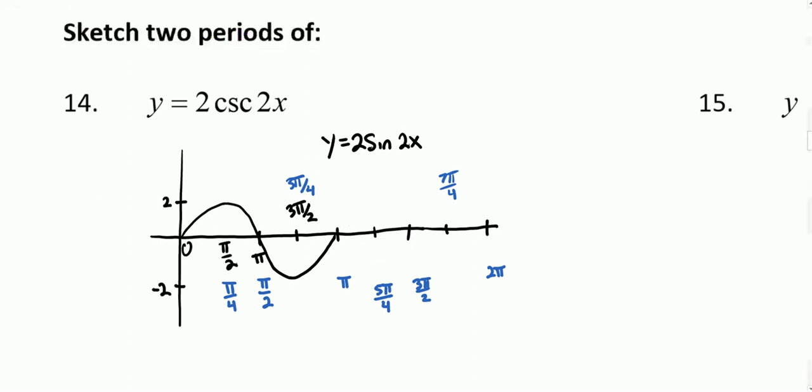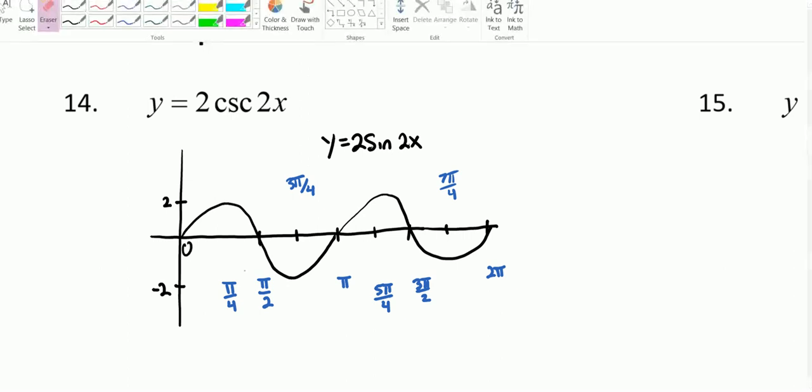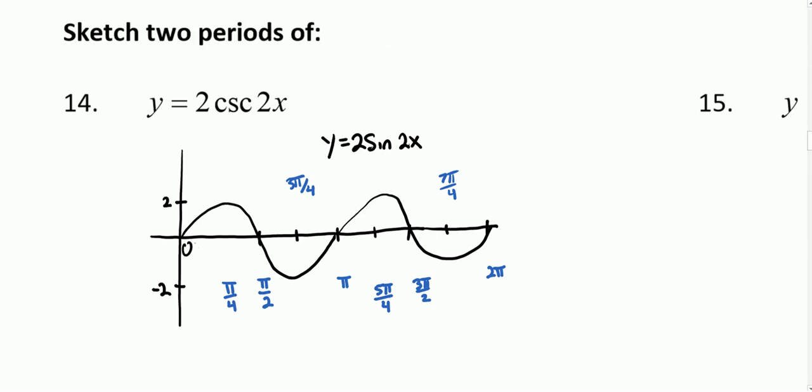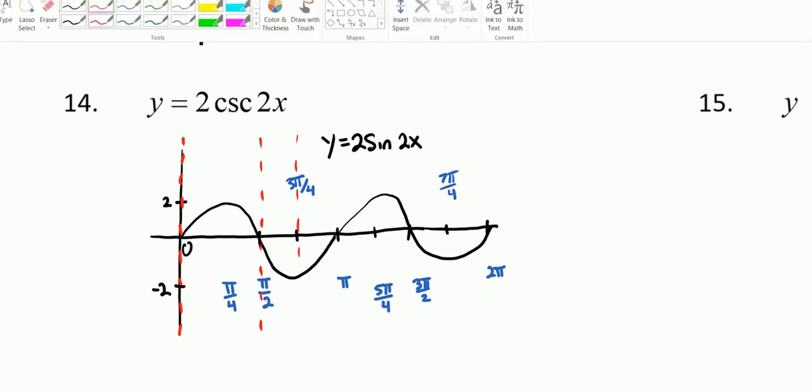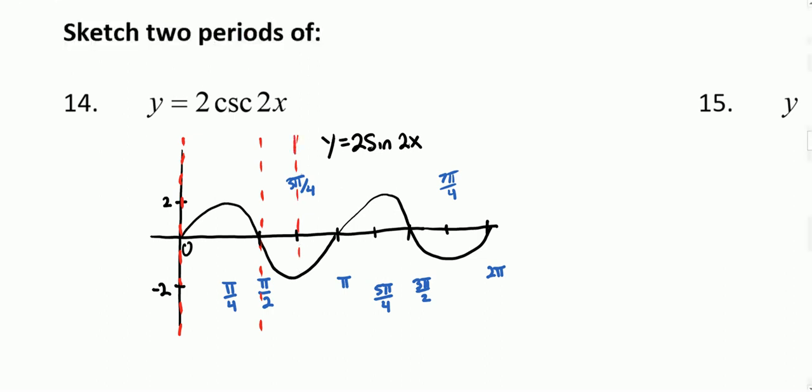Getting rid of the old values here. Then wherever the sine hits 0, that's where I'm going to put a vertical asymptote. I'll clean that up in a second.